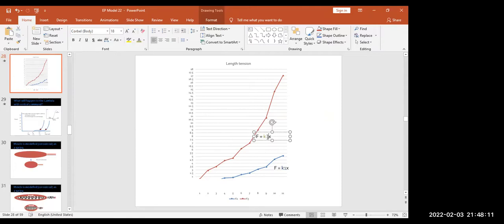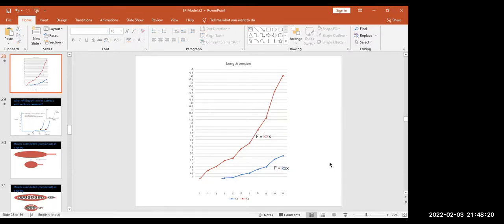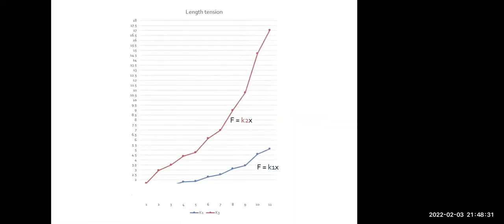Can you see this? F equals K1x. So what we have done here as an experiment is we converted one TheraBand, which offered a certain amount of resistance, to another TheraBand with a certain amount of resistance.